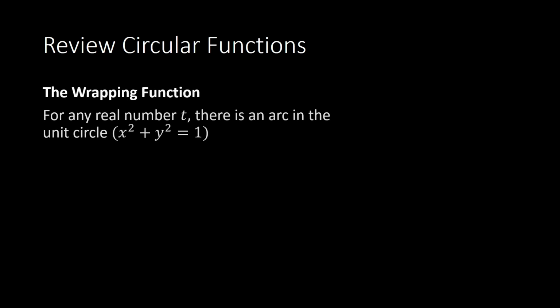So before we go into evaluating limits or finding limits, let us review. How do you evaluate circular functions? We begin from the wrapping function. So imagine any real number t. For any real number t, you can look at it as the length of a line segment whose length is t.